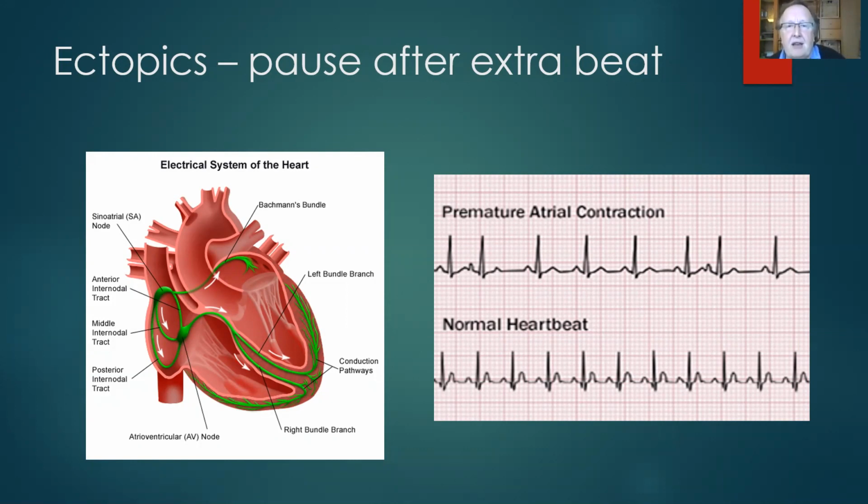So if you like, in our second complex here, because the atria are upset, they've sent in an extra beat, and as a result, the heart has to have a little rest, and hopefully there we can see a compensatory pause. Next slide, please.